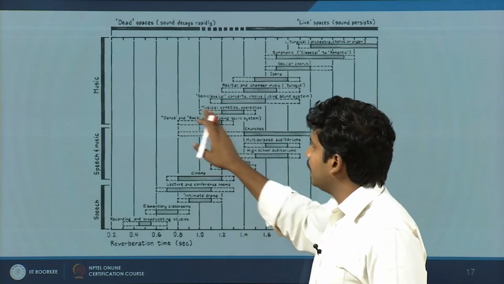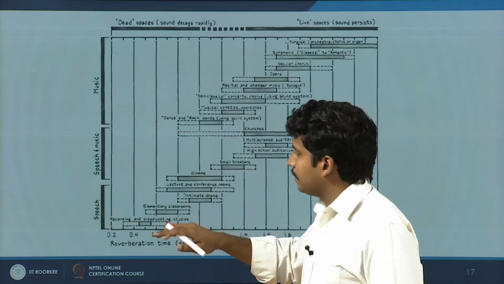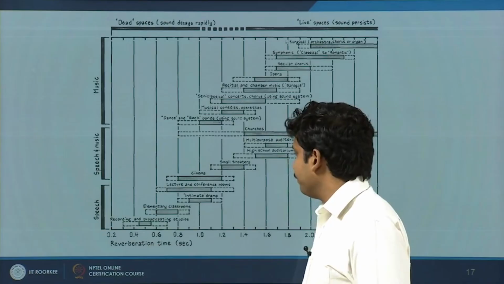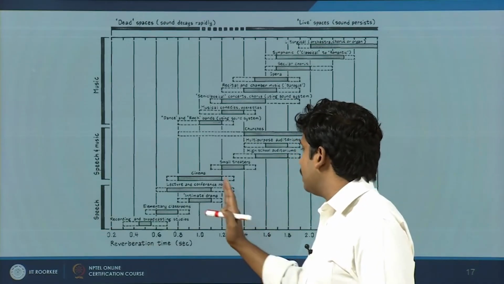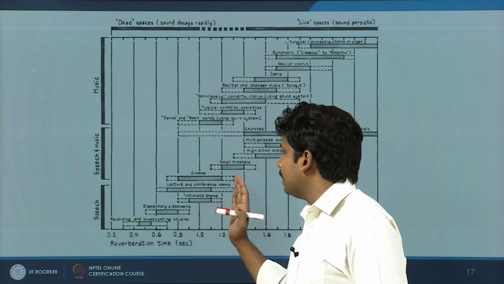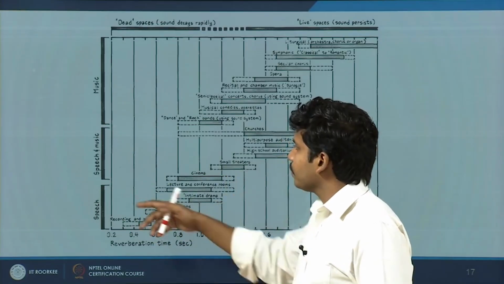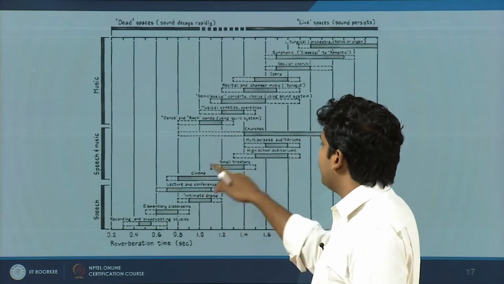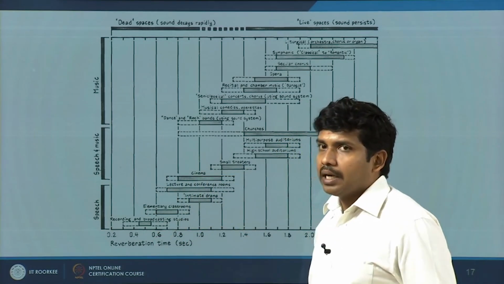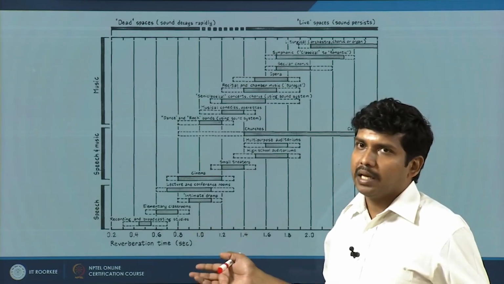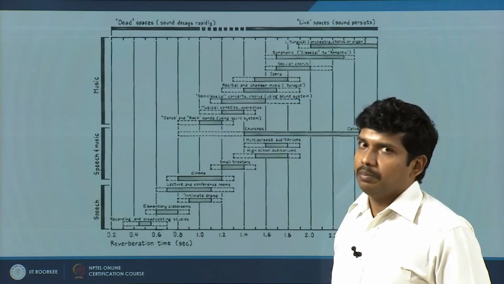Dance and rock bands, again lower RT is sufficient. If you look at this side, these particular things are for speech. For speech performance, you will require slightly lower reverberation time, somewhere 1.2, 1.3 or lesser, not more than that. For both speech and music, if you are designing a multipurpose hall, as such you cannot get very small because in an auditorium the volume is very high, naturally the reverberation time will be higher.